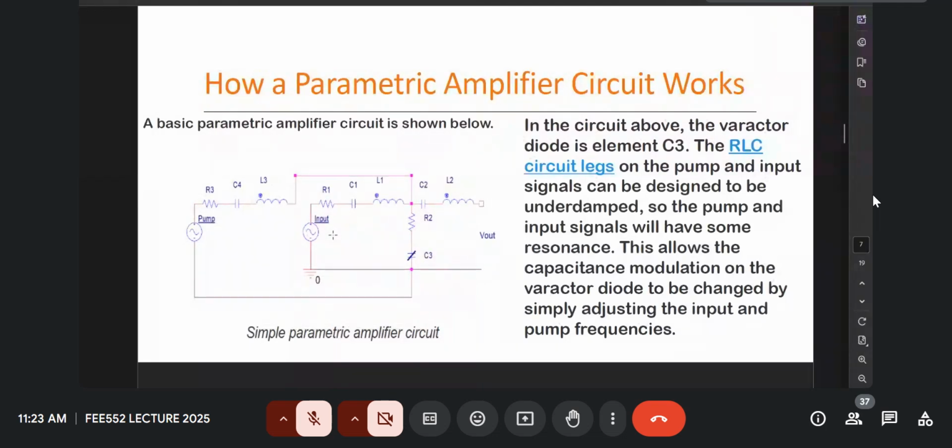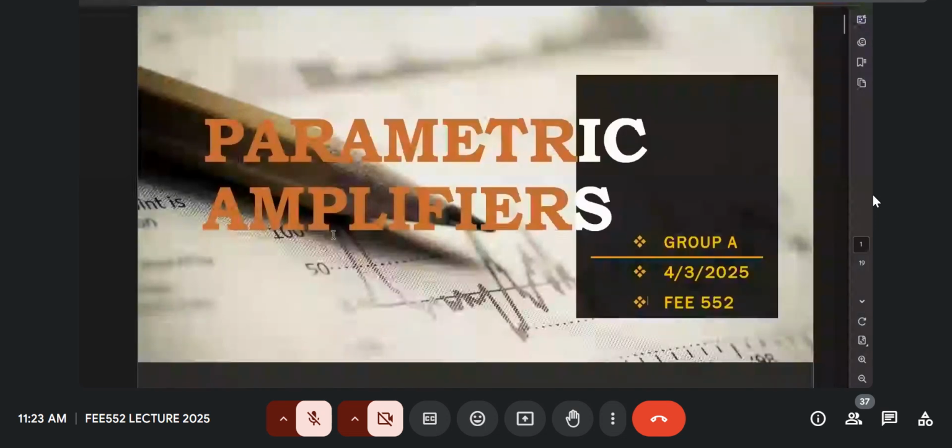As I told you, we want resonance so that these two signals oscillate at a particular frequency, and at that moment we have the exchange of power from the high power pump signal to our input signal. So this allows the capacitive modulation of the varactor diode to be changed by simply adjusting the input and the pump frequencies.